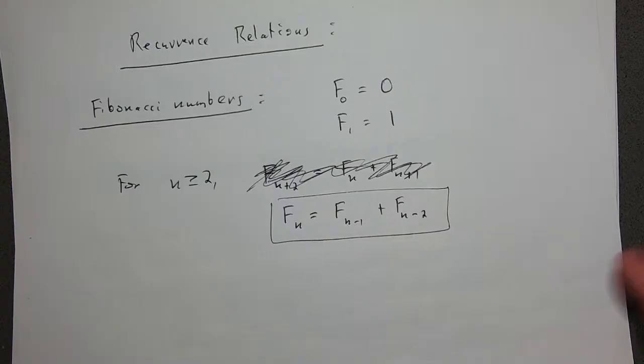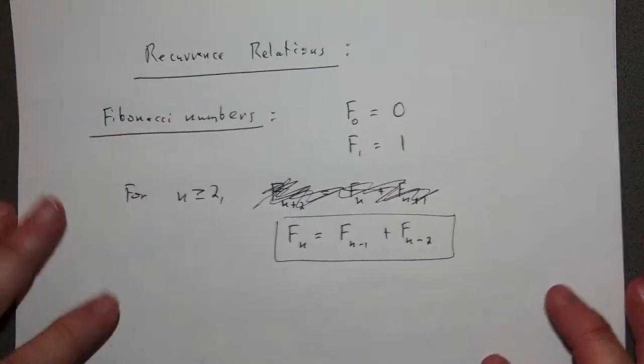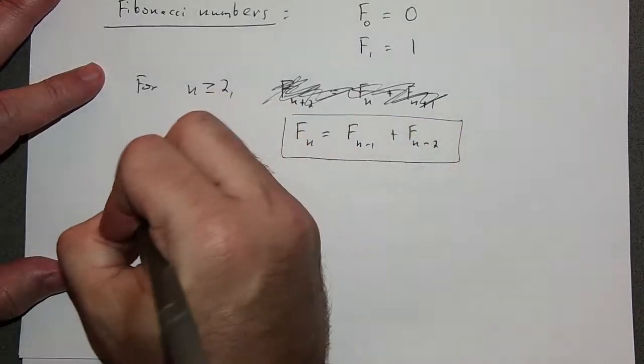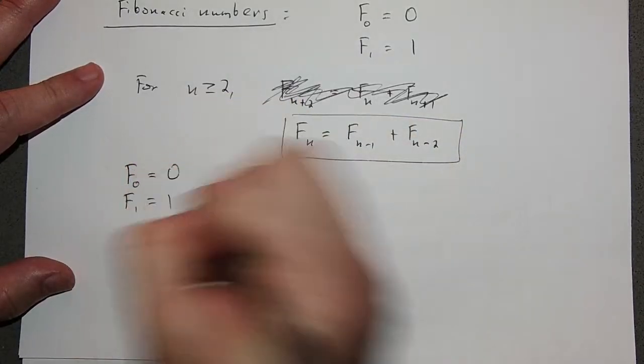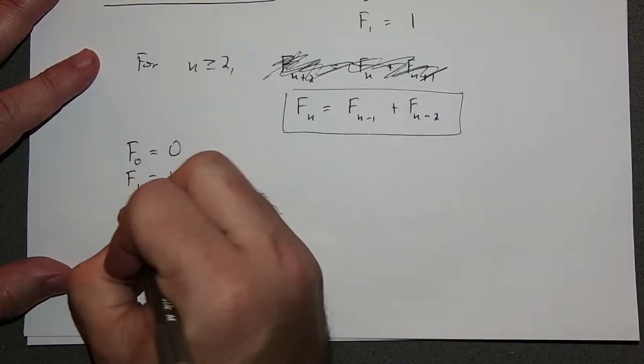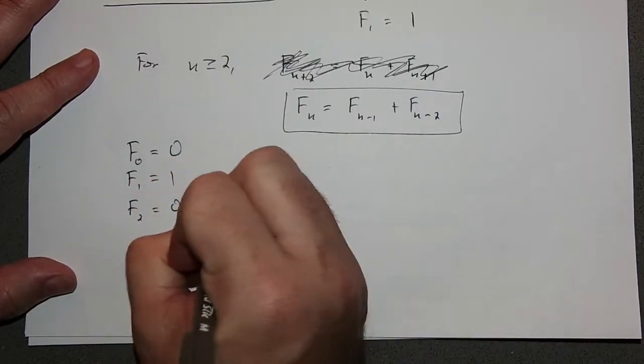Initializing the sequence with 0 and 1, what does this give us? f sub 0 is 0, f sub 1 is 1, f sub 2 is 0 plus 1, so it's also 1.